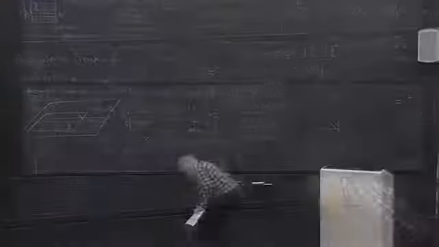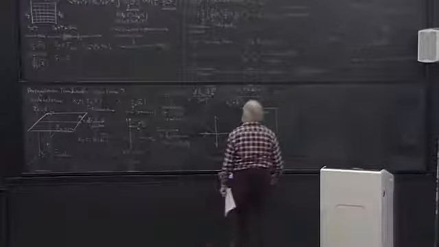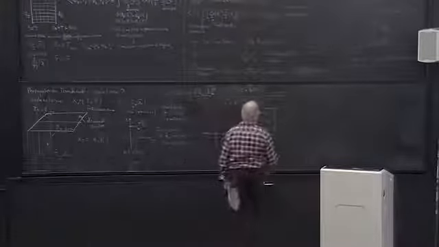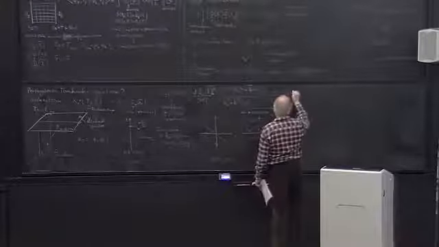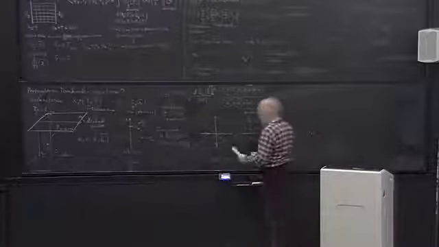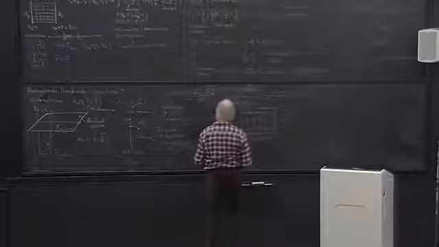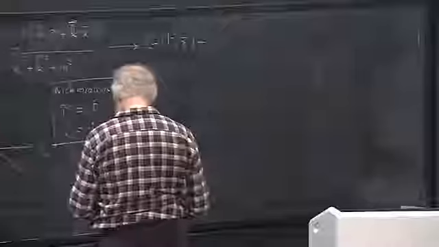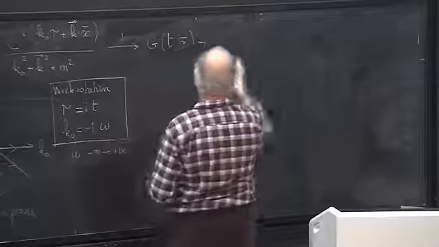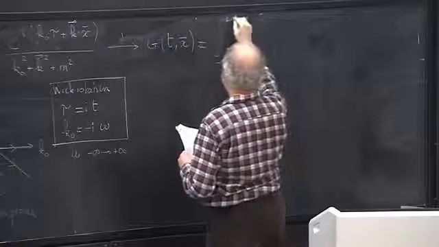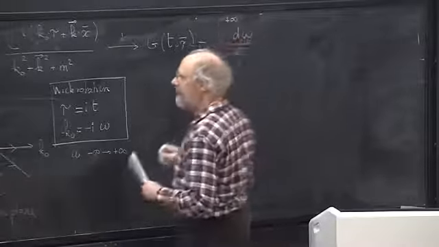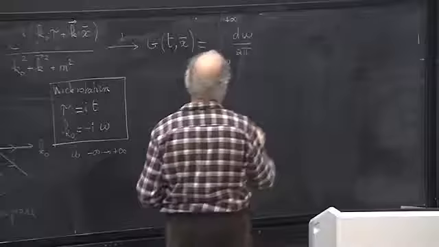And then, of course, when we make this change of variable, this becomes g of t and x, where I change k naught into minus i omega. So I change the integral from minus infinity to plus infinity of d omega over 2 pi, and I have a factor minus i.